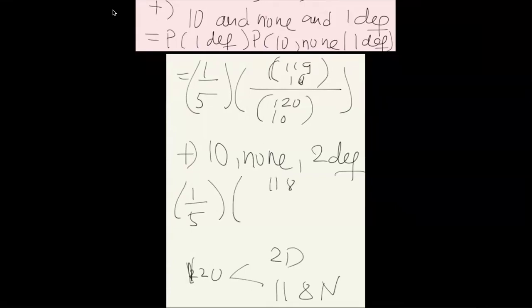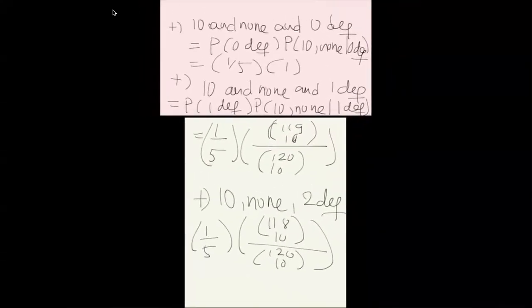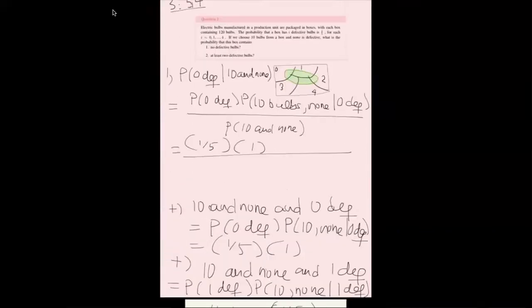Then it is choosing 10 from 118 non-defective divided by choosing 10 without any restriction. We are running out of time, so what you have to do next is calculate the same thing for the case when it is 3 defective and 4 defective, and then add all these probabilities together. Then you will get the denominator, and then you take the numerator divided by the denominator. You will get the answer that you want.